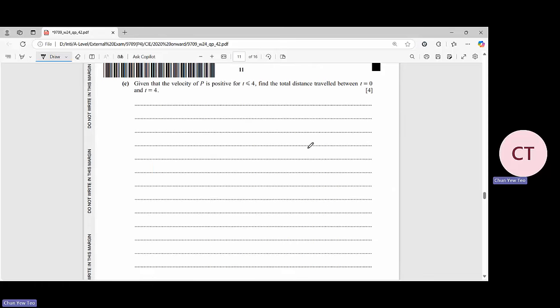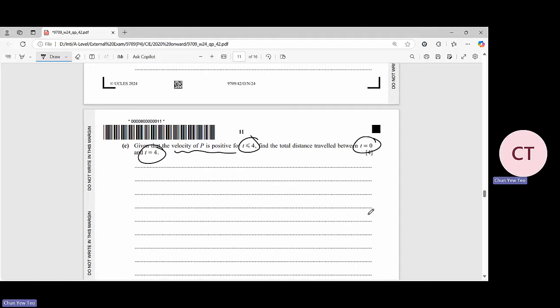Given that the velocity of P is positive for t less than or equal to 4, find the total distance traveled between t equals 0 and t equals 4. What is the meaning of this? They say the velocity of P is positive for t less than or equal to 4. It means if you sketch the v-t graph from 0 until 4, your graph of the velocity is somewhere above the t-axis.